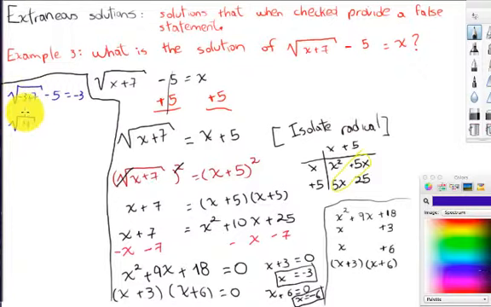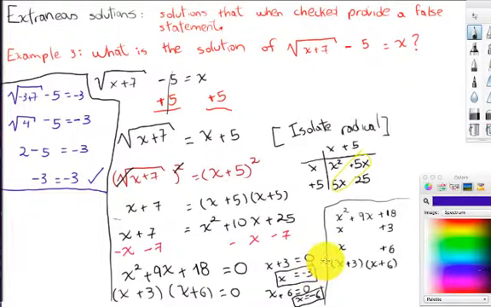Negative 3 plus 7 equals 4, the square root of 4 is 2, then I have minus 5, and I do in fact get negative 3. So negative 3 equals negative 3, so this is true. This answer, as far as I know, is correct.